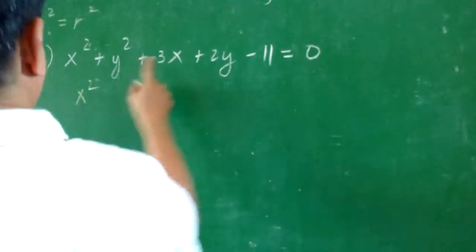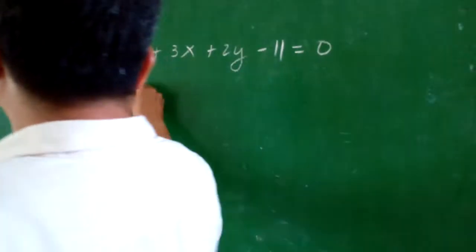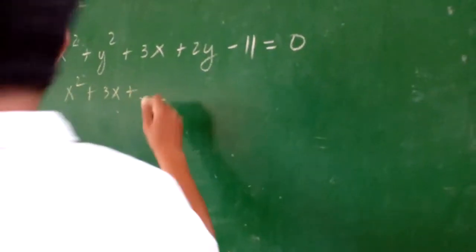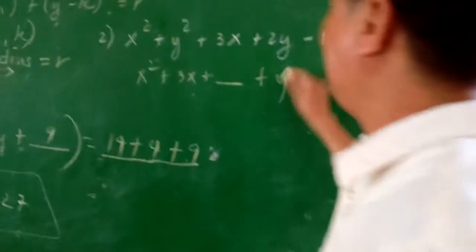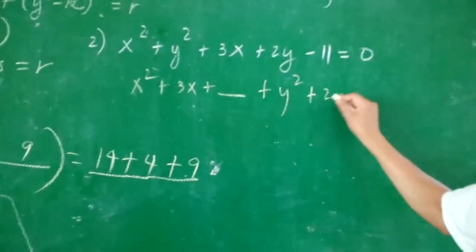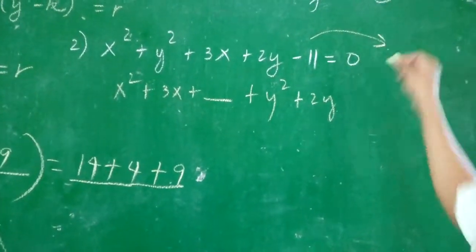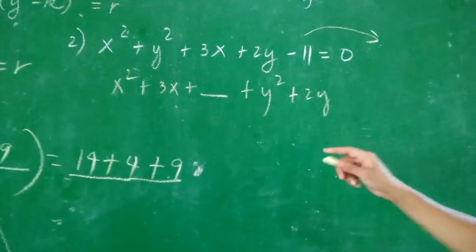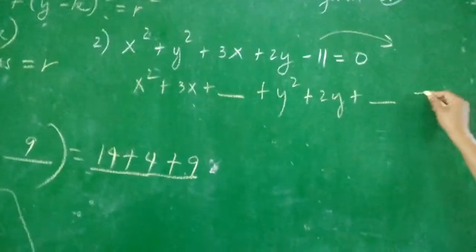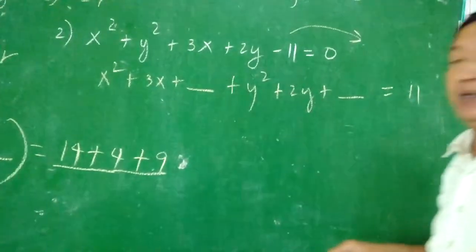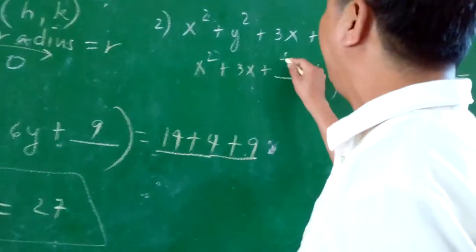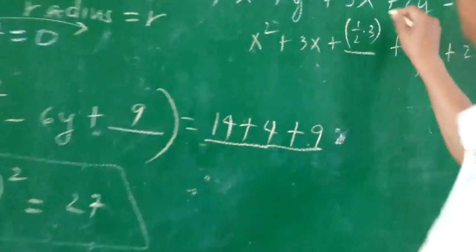Let's go to number 2. So in number 2, you have x squared plus 3x, plus what? Plus y squared plus 2y. Addition property of equality or transpose. Plus 1 is equal to 11. 1/2 of 3, square it.